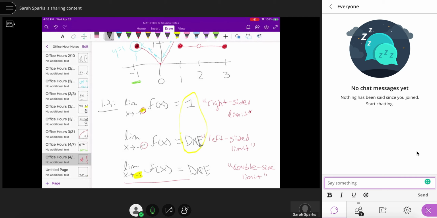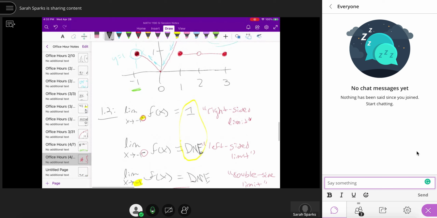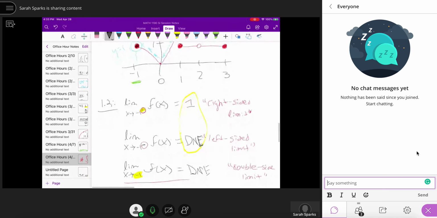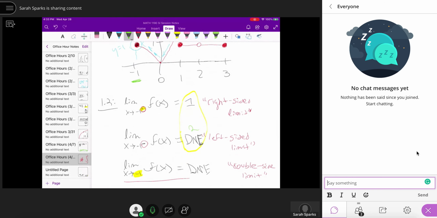Oh, okay. Yeah, because there's none on the other side, and there's this side. Yeah, because the one-sided limits don't match up, that means the full limit doesn't exist. Even if the left-sided limit exists, and let's say it's the number 2, this answer would still be it doesn't exist, because 1 doesn't equal 2.